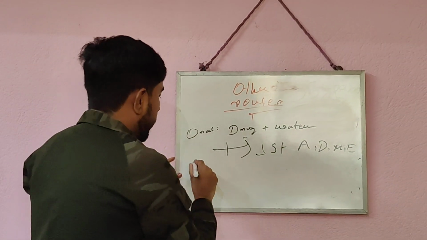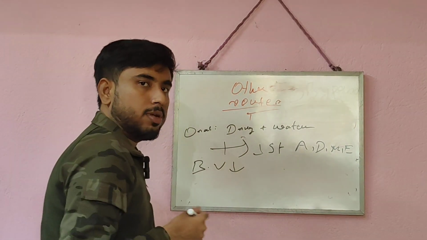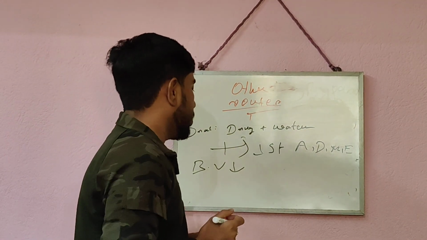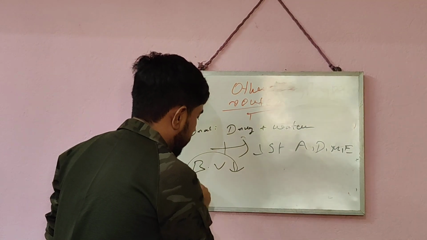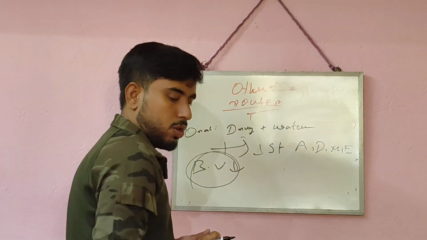For oral, bioavailability is very low because when the drug is taken and administered, by the time it reaches the site of action the amount of drug decreases, so the bioavailability is low. That is one of the disadvantages of the oral route.